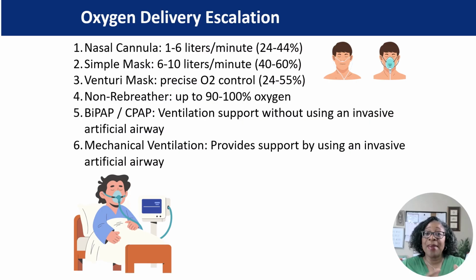Now, you do have your BiPAP or your CPAP, and that's ventilation support without using an invasive artificial airway. Remember, with a BiPAP and a CPAP, it forces oxygen into the lungs, okay? And last resort would be mechanical ventilation, which provides support using an actual invasive airway. And when you hear people say that person got intubated, that would be for mechanical ventilation.